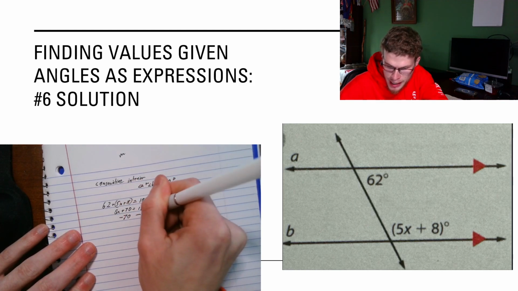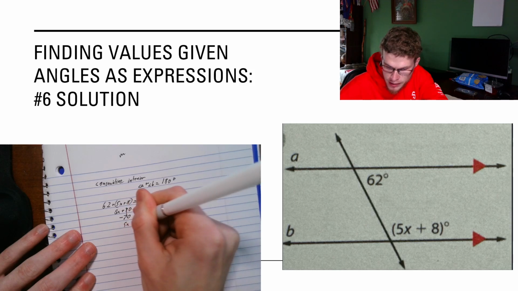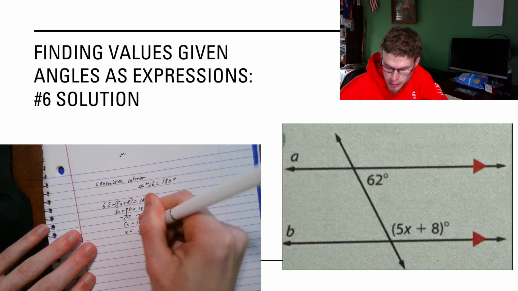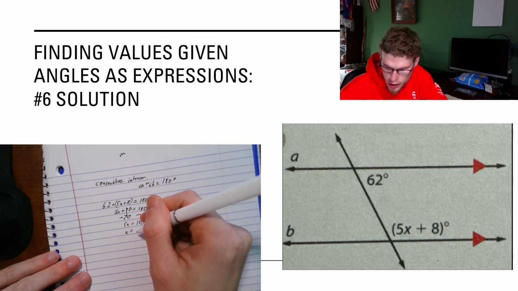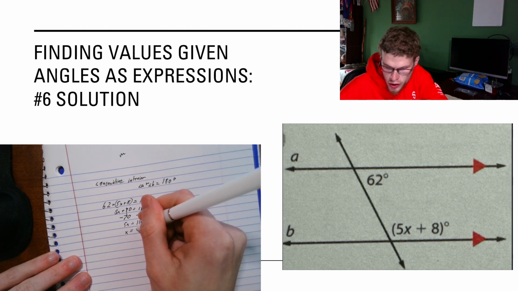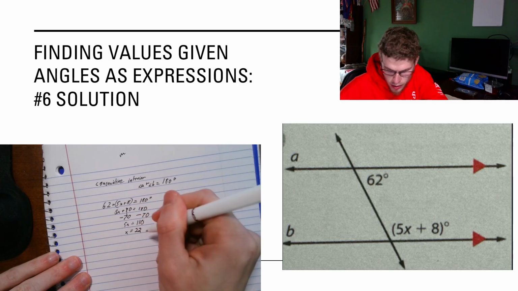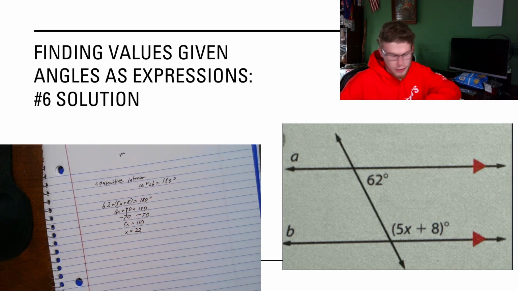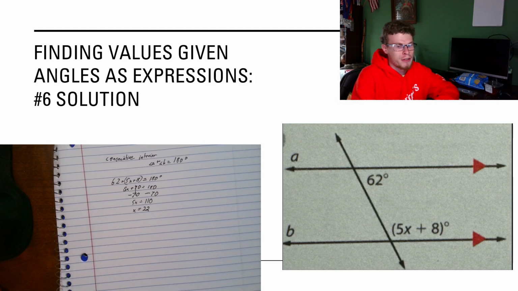Subtract 70 from both sides because we're solving the equation. 5x equals 110. Divide both sides by 5, and that should give you roughly 22. Yes, x equals 22. That is how you solve that particular situation.